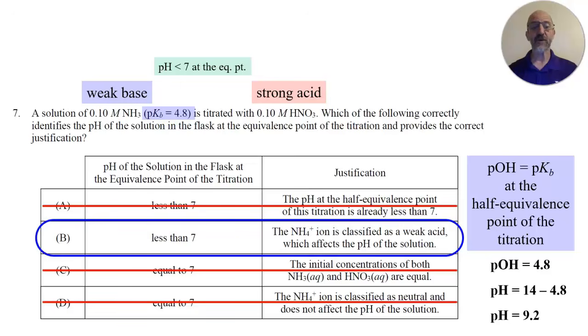The pH of the solution in the flask is less than 7 at the equivalence point, but here's the reason why. It's because the ammonium ion, which is the conjugate acid of that weak base, NH4+, is classified as a weak acid, which affects the pH of the solution. By the way, this was mentioned in topic 8.4.